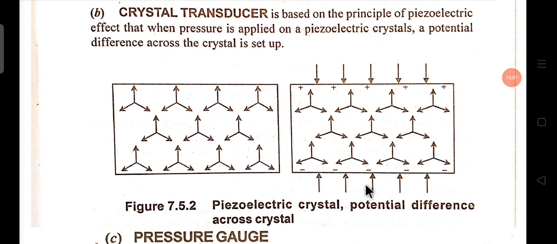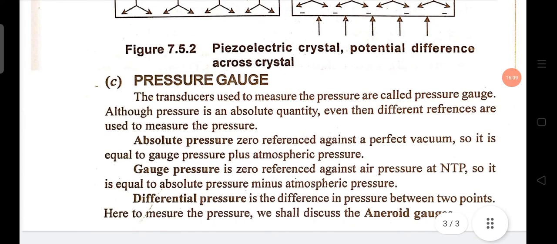Now the third one is the pressure gauge. The transducer used to measure pressure is called a pressure gauge. Although pressure is an absolute quantity, different references are used to measure pressure.